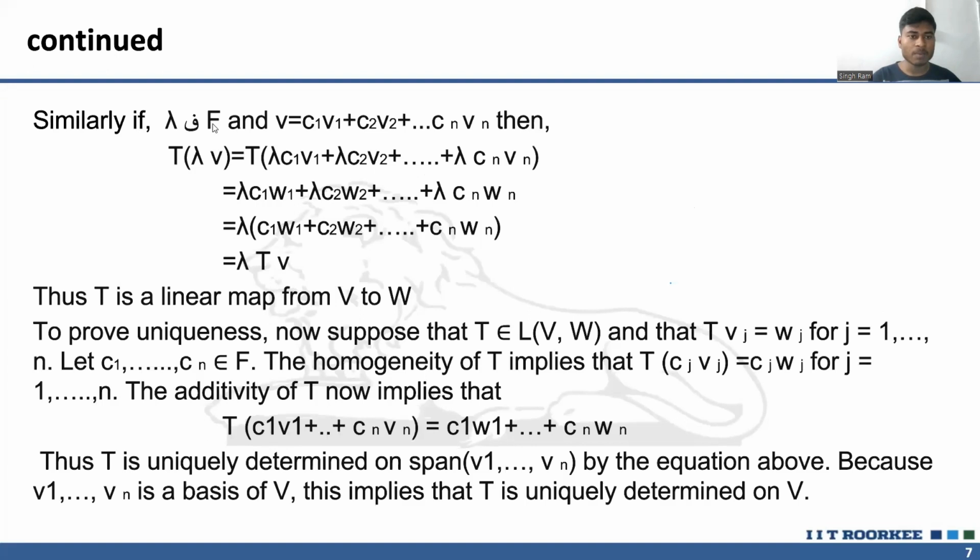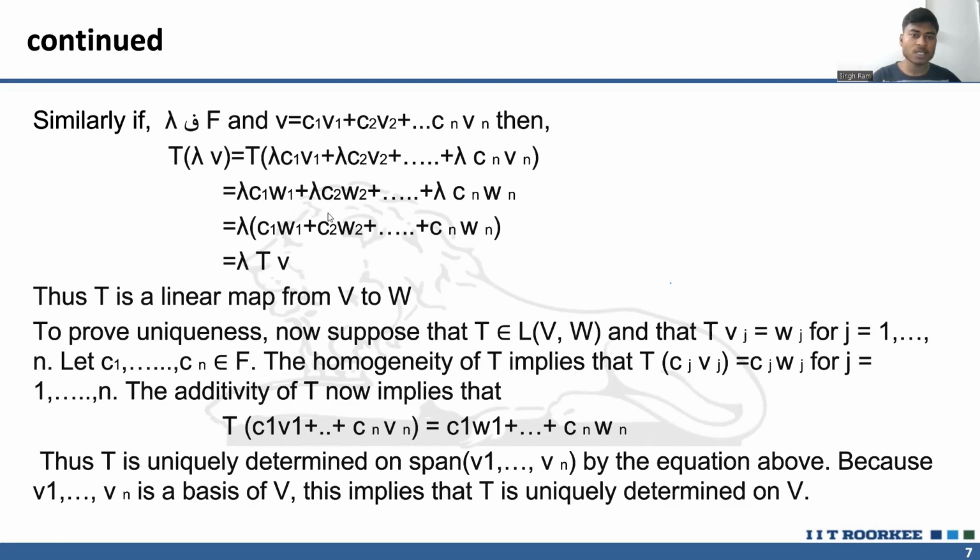Similarly, if lambda belongs to F and vector V is equal to C1 V1 plus C2 V2 up to Cn Vn, then T of lambda times V is equal to T of lambda C1 V1 plus lambda C2 V2 plus and so on up to lambda Cn Vn.